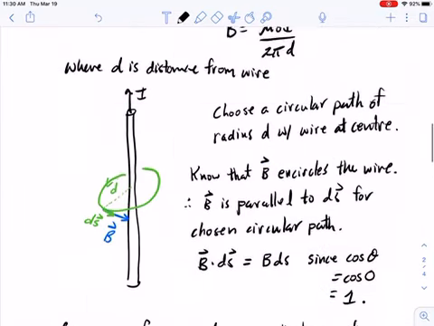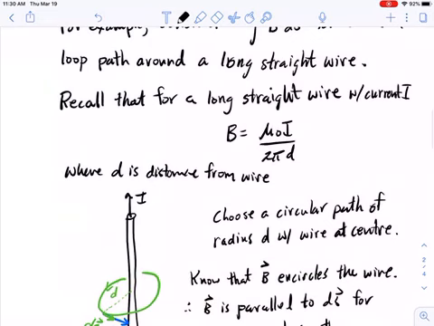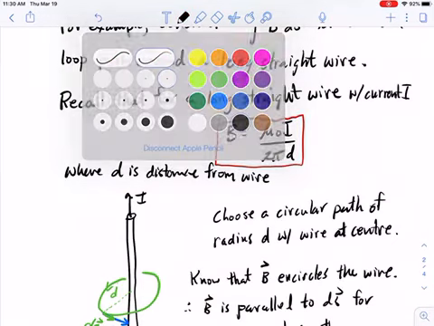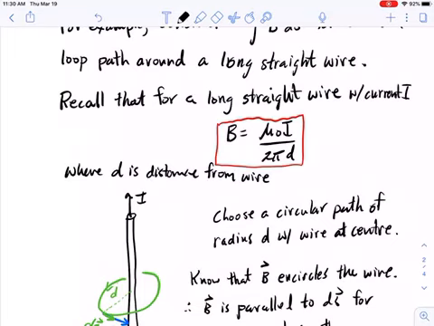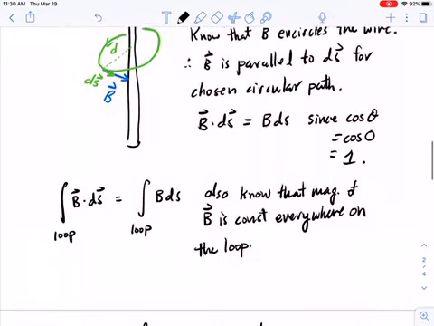Now let's go back and use this result for the magnetic field strength due to a long straight wire. So it's mu naught I over 2 pi d.